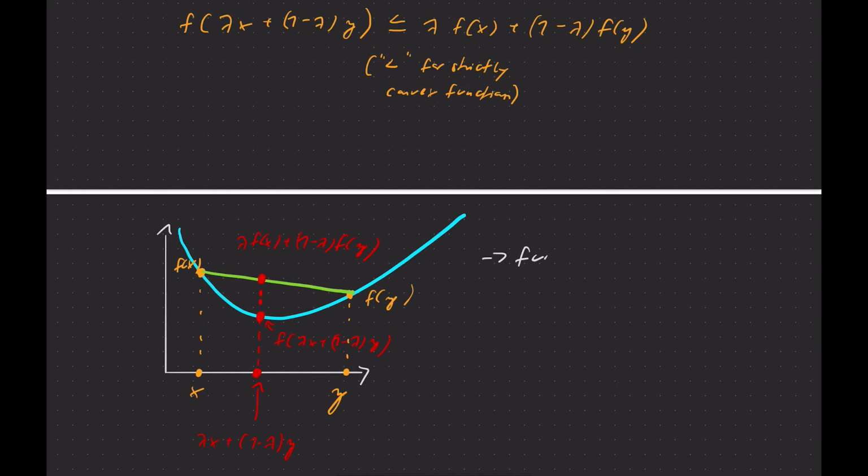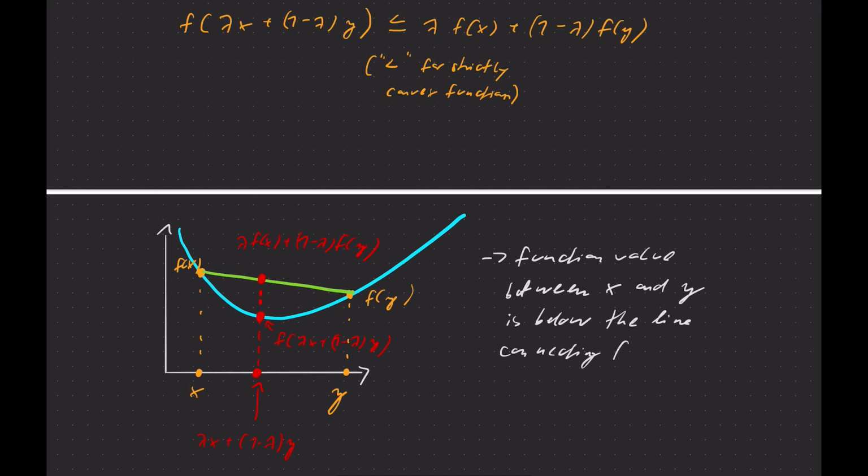Okay, so what that means is the function value between x and y is below the line connecting those 2 points, the points f of x, f of y.